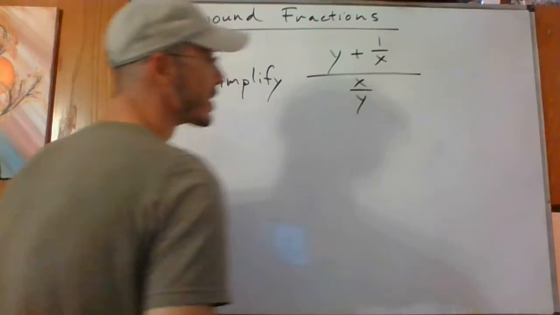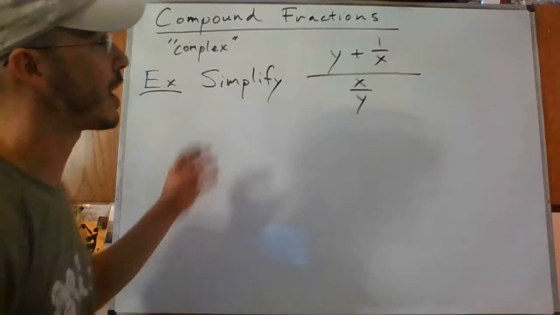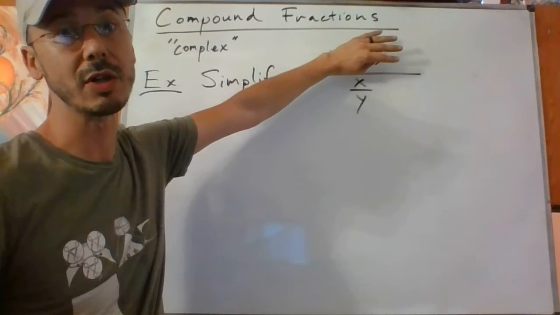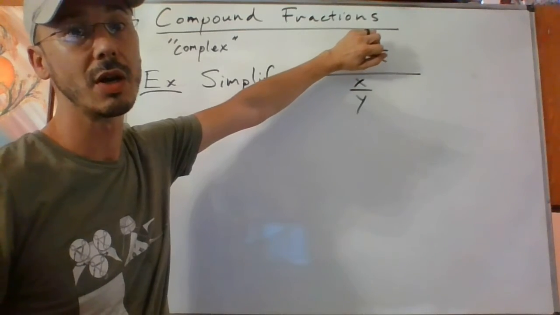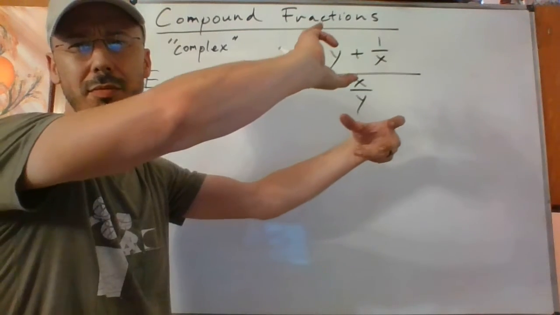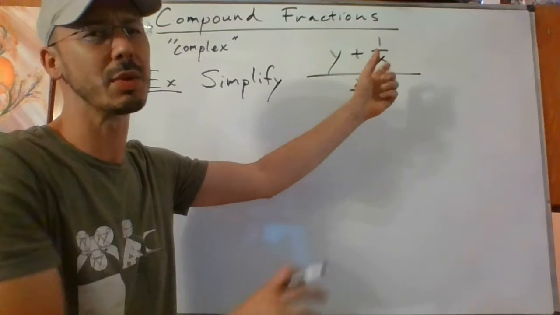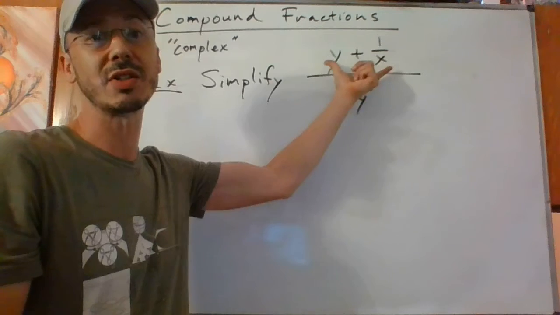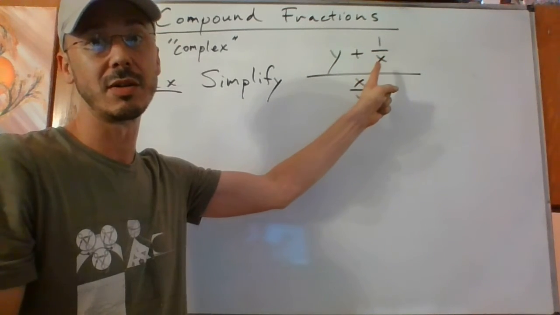So first with this, the fraction in the numerator is the first big issue, because I can't just multiply by the denominator. I mean, you can, but it's not a fraction. It's an expression that contains a fraction, but it's more than that.